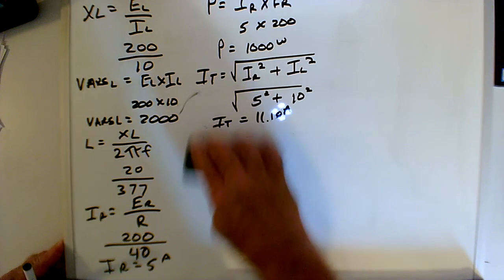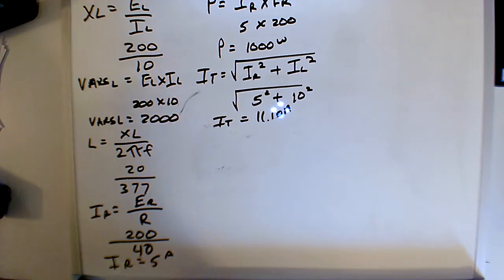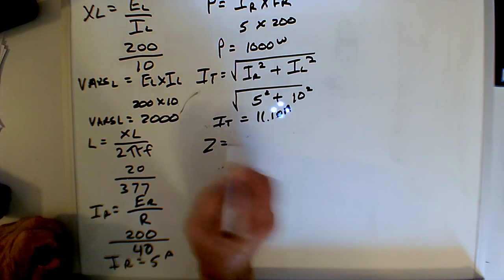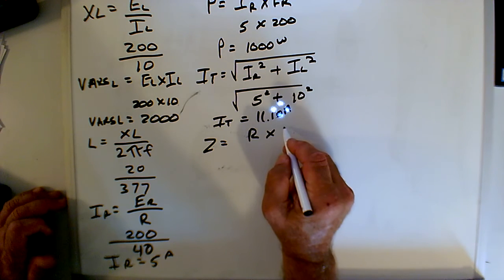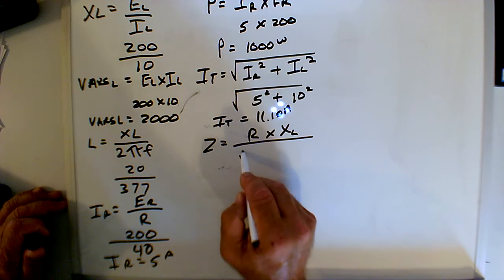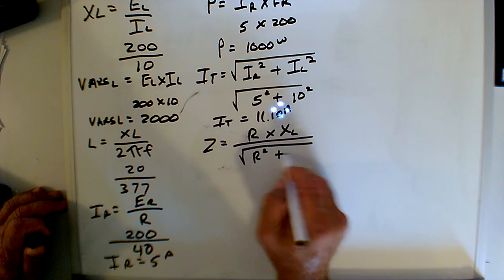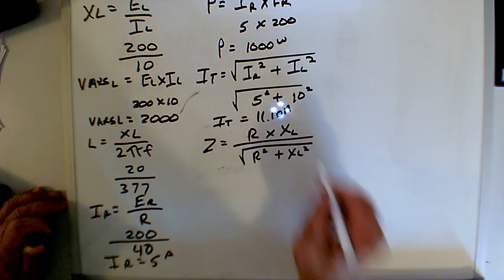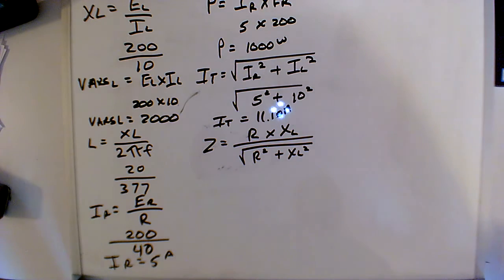I started writing down the wrong formula. Z is equal to R times XL divided by the square root of R squared plus XL squared.